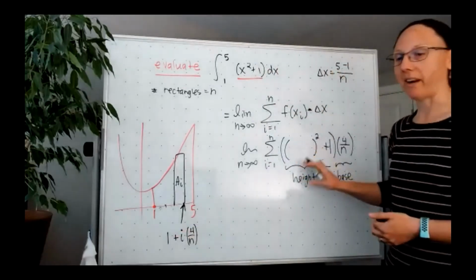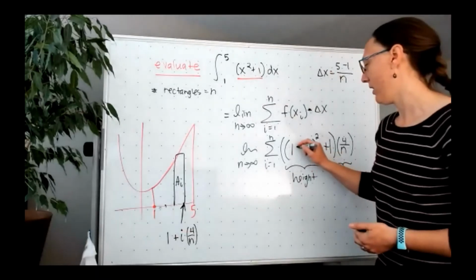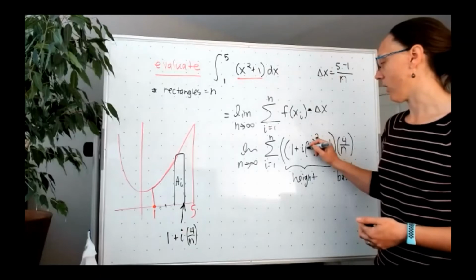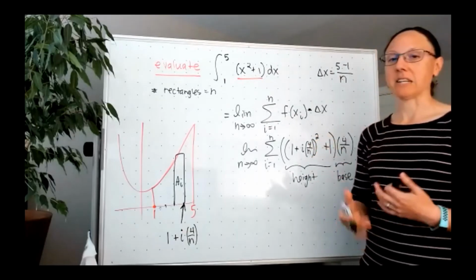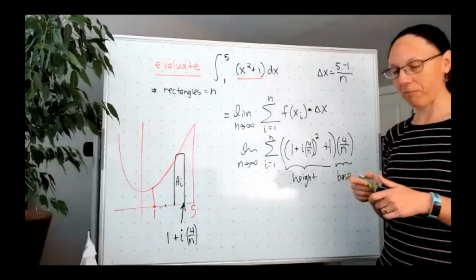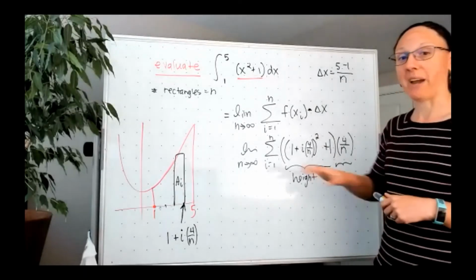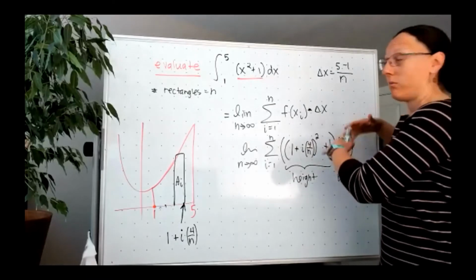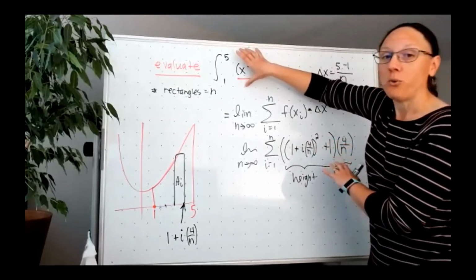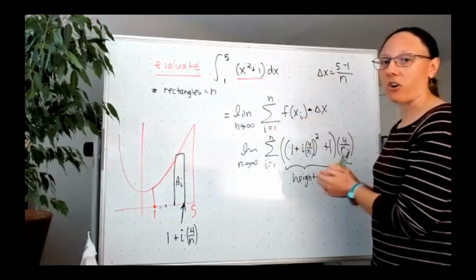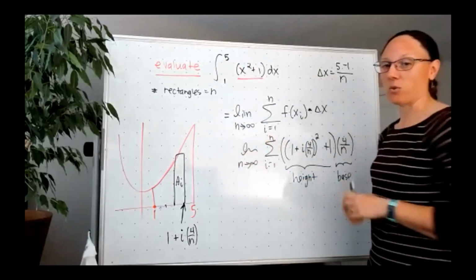So I'd come in here and plug in 1 plus i times 4 over n. And I've got a ton of parentheses in there; we probably don't need all of them. But this is how I would represent this true accurate integral. The value for the area under the curve is equal to this.